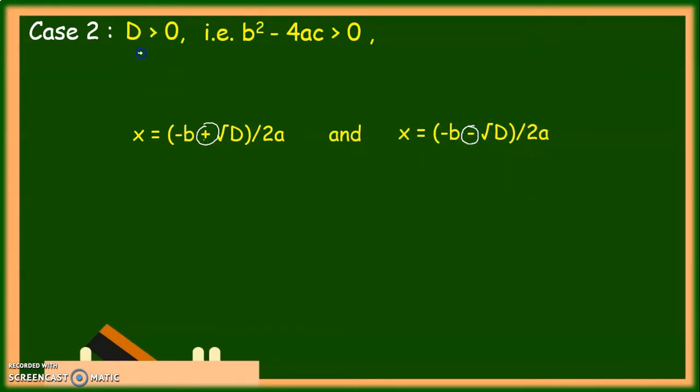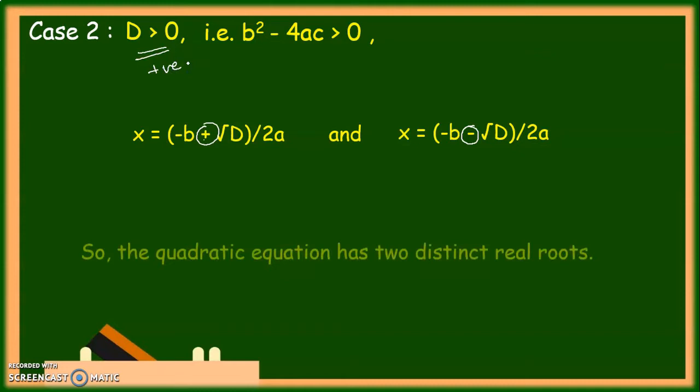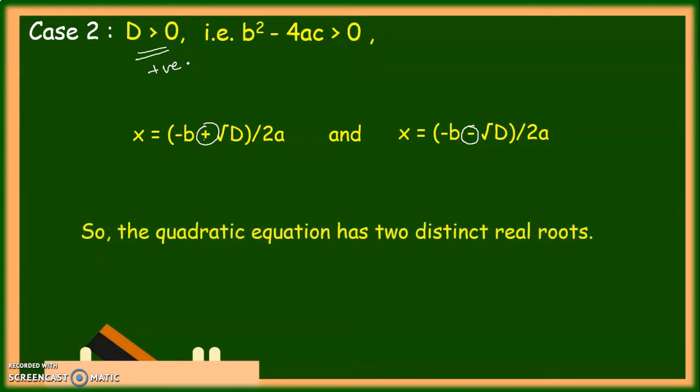So whenever d is greater than 0, or positive, we get two real values. So we can say the quadratic equation has two distinct real roots. This is the second case: when the value of d is positive, we get two distinct real roots.